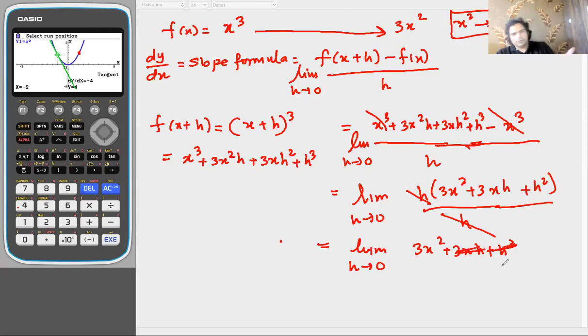Obviously 0 squared will also be 0. So you can see the derivative formula that I get is 3x squared. So the expression for x cubed that we got is 3x squared, as evidence here, using what is called the first principle for differentiation.